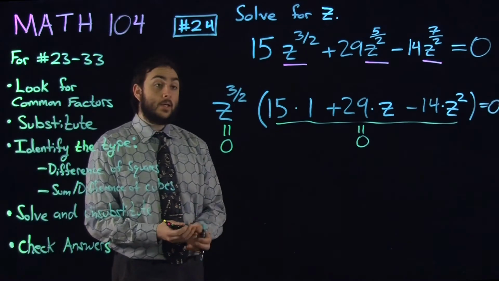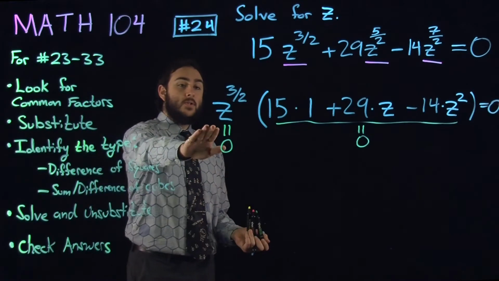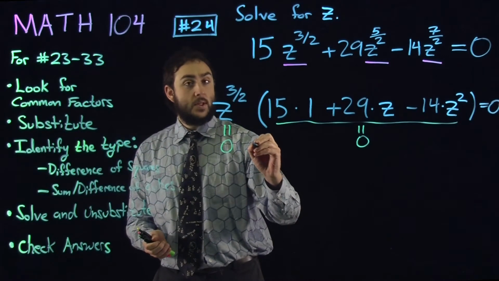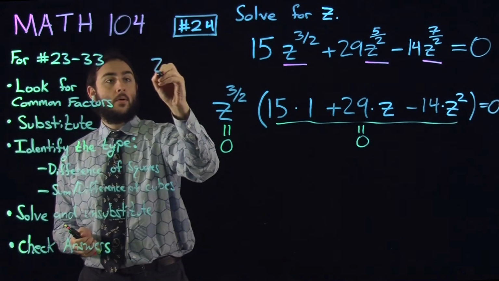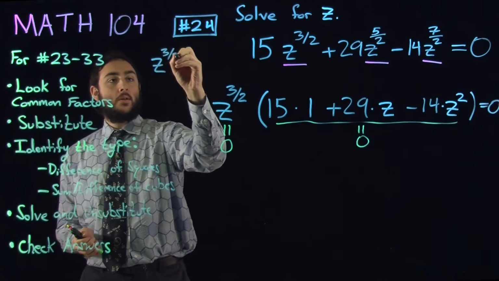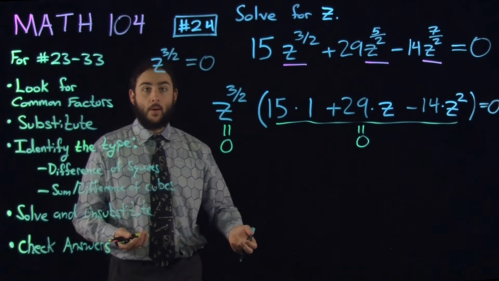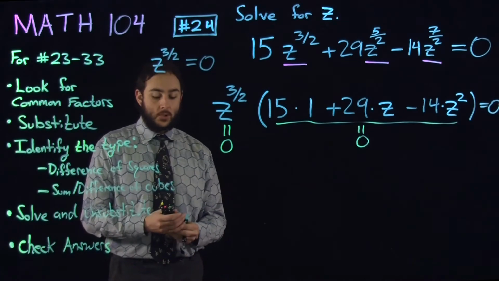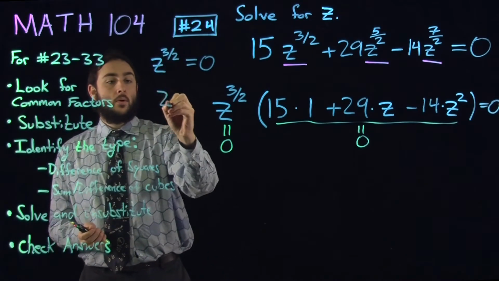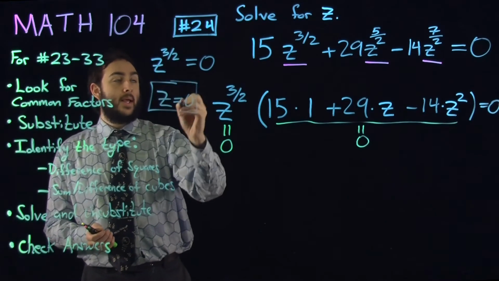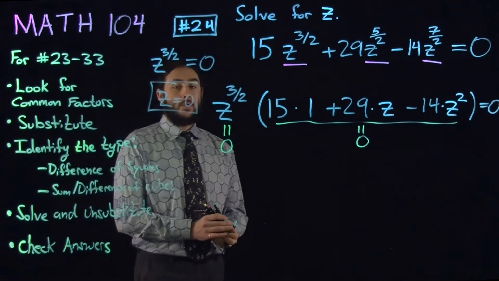We'll deal with that next. But first, let's consider z to the 3/2 equals 0. So if z to the 3/2 equals 0, what must z be? Well, the answer is 0 for much the same reason. So z equals 0 is a solution of this equation.